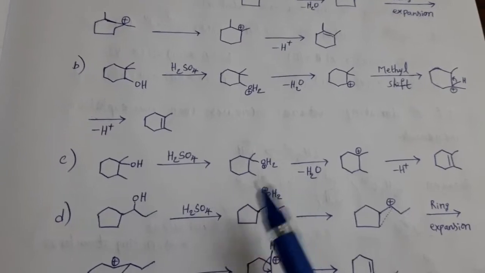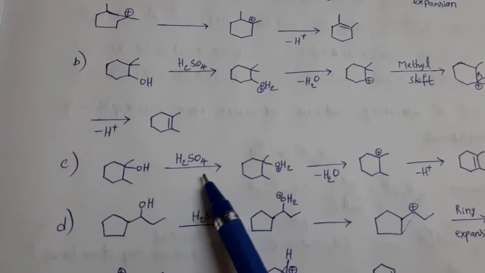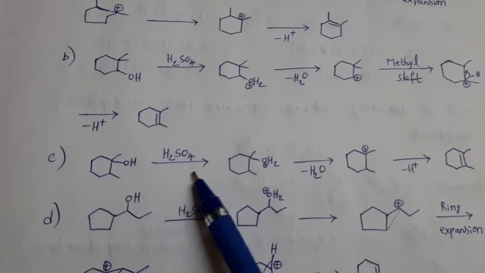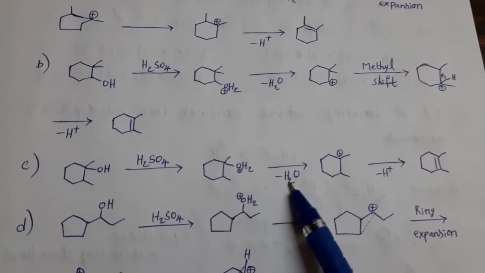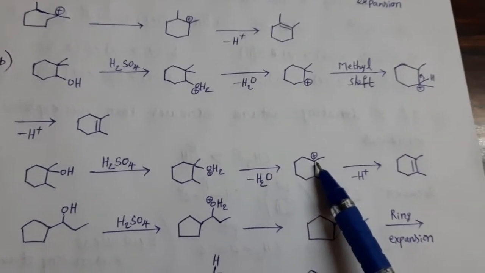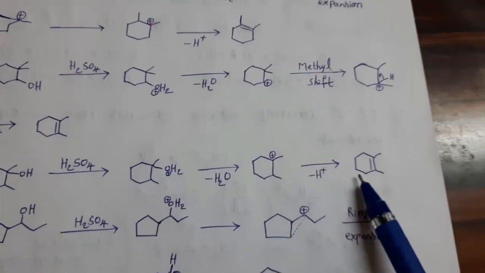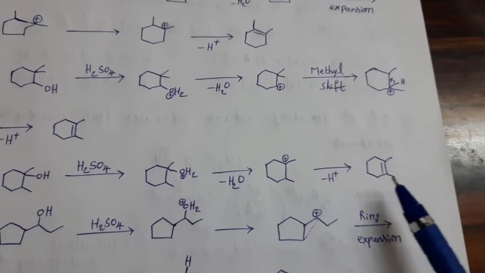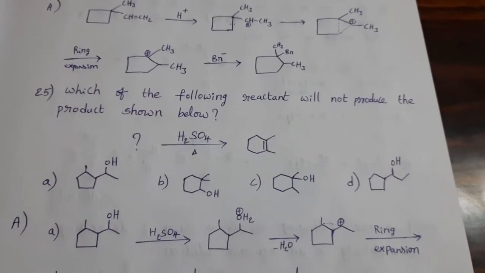This OH is converted to OH2 plus by accepting H plus provided by H2SO4. This is removed in the form of H2O. Then carbocation is formed at this position. Now from this H plus is removed. Then double bond formation takes place. So option C can also give the given product.